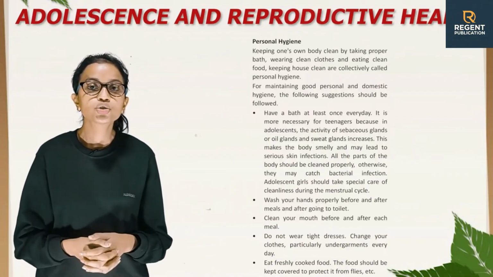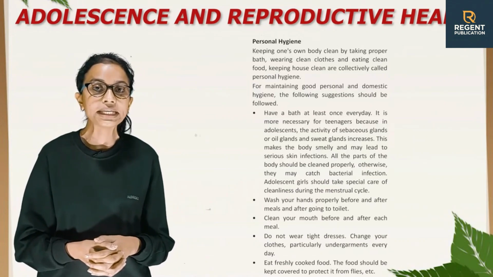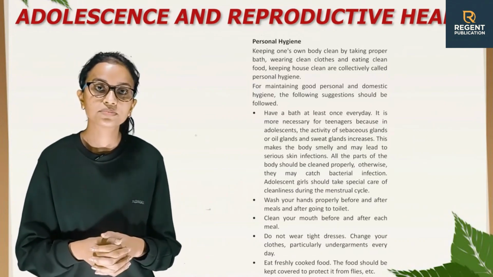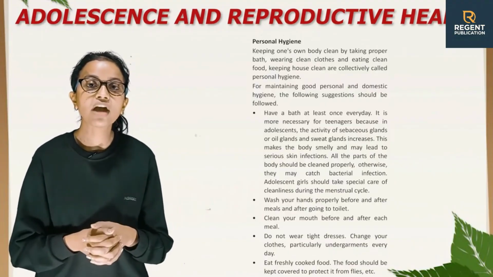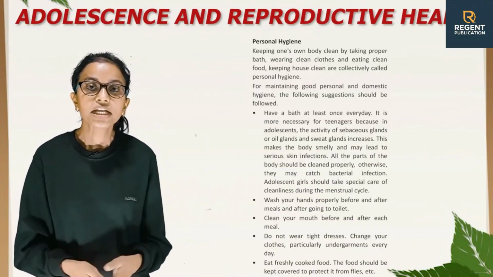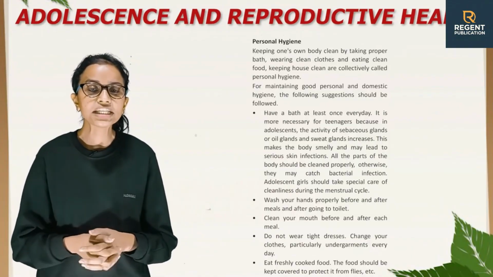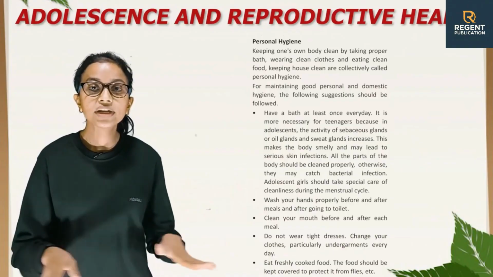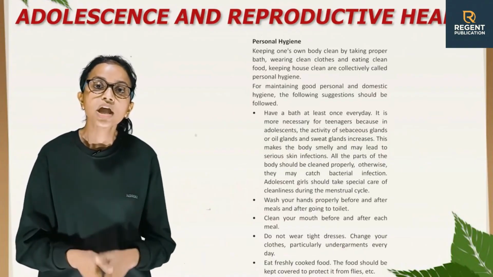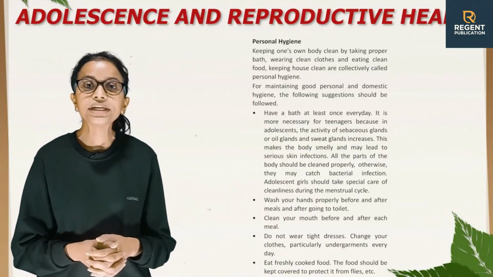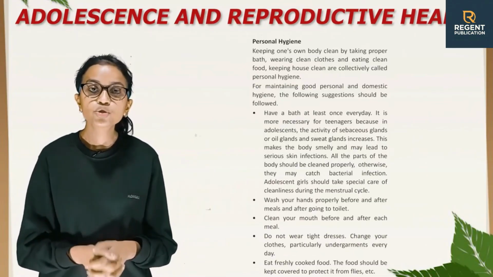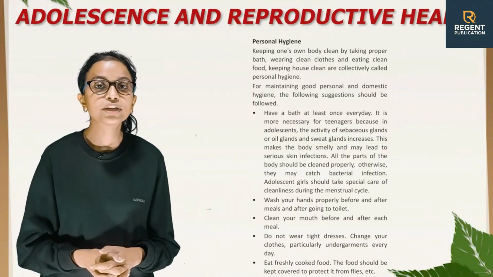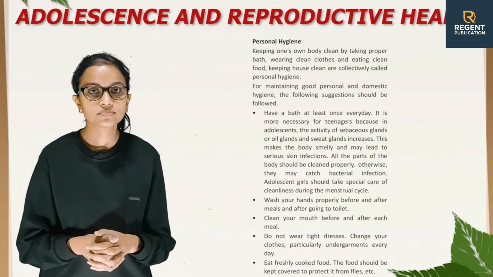Adolescent girls should take special care of cleanliness during the menstrual cycle. Wash your hands properly before and after meals and after going to the toilet. Clean your mouth before and after each meal. Do not wear tight dresses, change your clothes, particularly undergarments, every day. Eat freshly cooked food. The food should be kept covered to protect it from flies, etc.